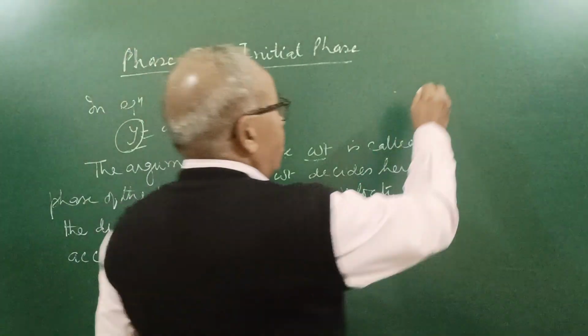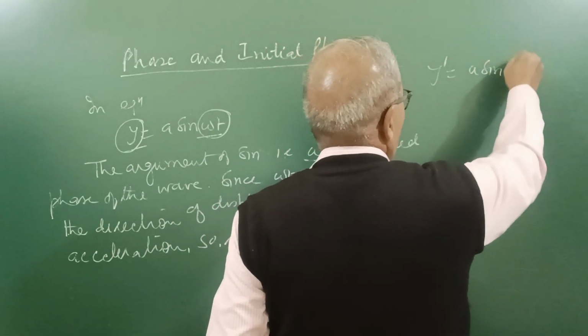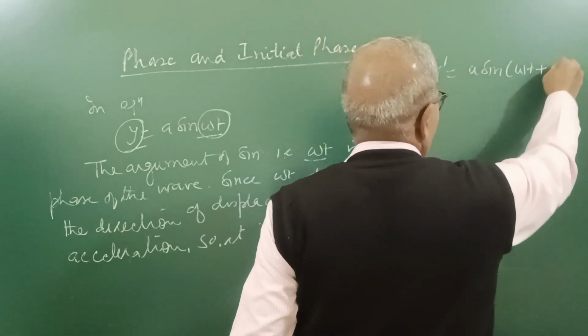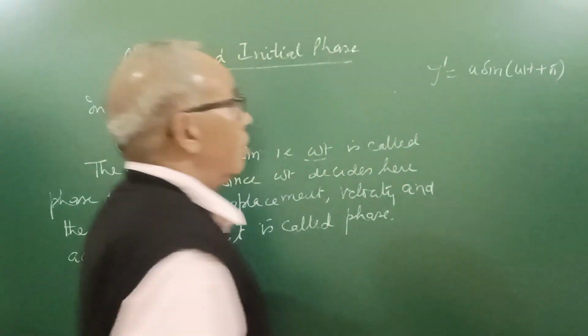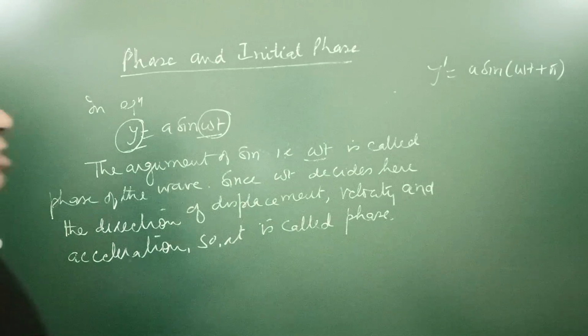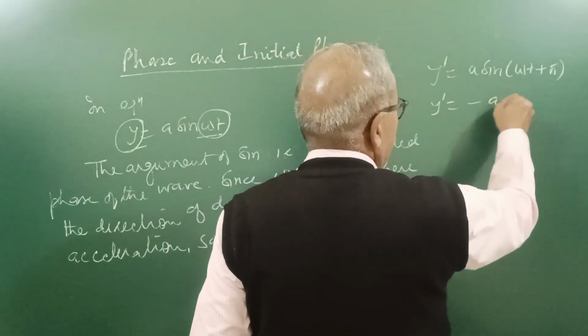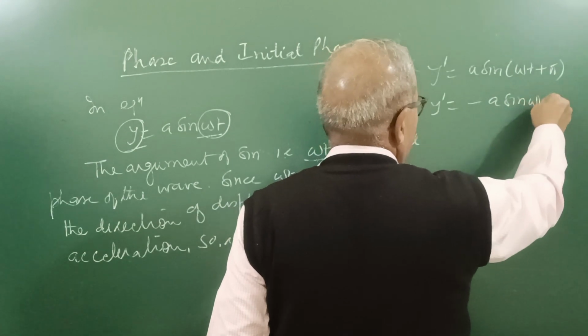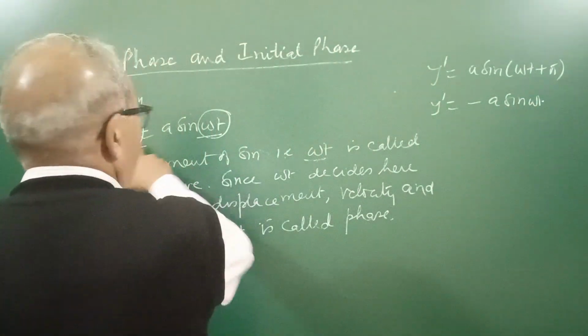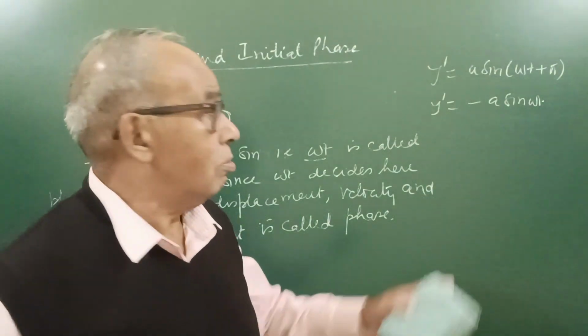If I write y dash as another displacement, a sine omega t plus pi, 180, sine of 180 plus theta is minus sine theta. Then y dash will be minus a sine omega t. Means this y and y dash are exactly in opposite directions.